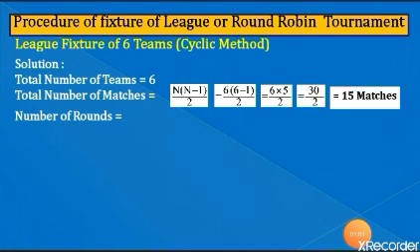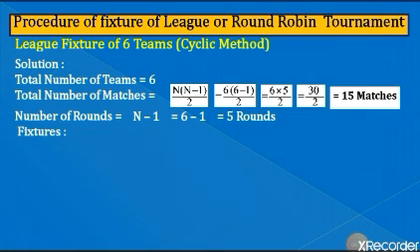After that, we calculate the total number of rounds. The total number of rounds is calculated by n-1: 6 minus 1. Hence, 5 rounds are in the tournament. After that, we draw the fixture of 6 teams by the cyclic method.